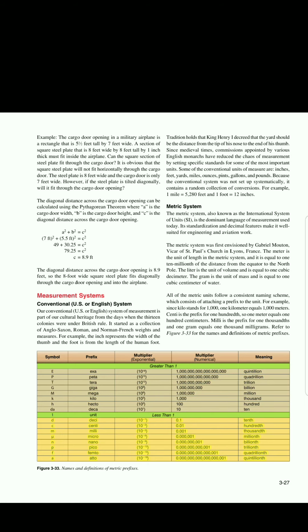Less than 1: deci, 10^-1, 0.1; centi, 10^-2, 0.01, hundredth; milli, 10^-3, 0.001, thousandth; micro, 10^-6, millionth; nano, 10^-9, billionth; pico, 10^-12, trillionth; femto, 10^-15, quadrillionth; atto, 10^-18, quintillionth. Figure 3-33. Names and definitions of metric prefixes.